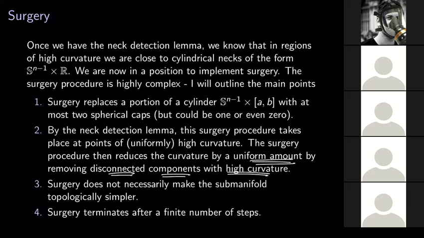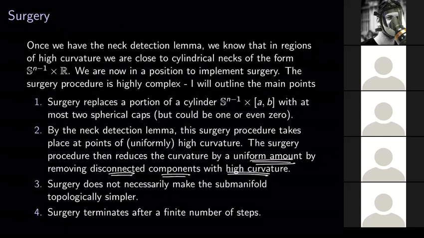If you have a degenerate neck pinch, you only do 1 surgery, and then what I haven't discussed here, which would be quite another long talk, is the neck continuation theorem. It says that in the situation where you only have 1 surgery, the other side of the surgery is actually convex. So the object you have in the middle is actually a sphere. Topologically, you know what it is, so you can throw it away. Okay, thanks. All right.